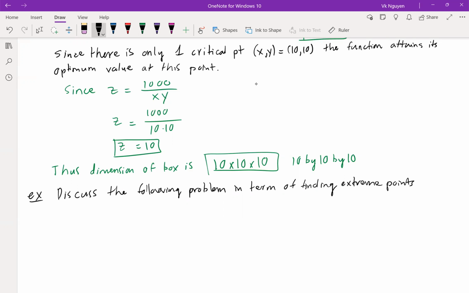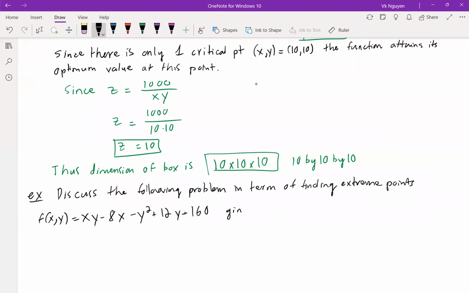Remember extreme points, right? Not to solve it though. f(x, y) equals xy minus 8x minus y squared plus 12y plus 160.